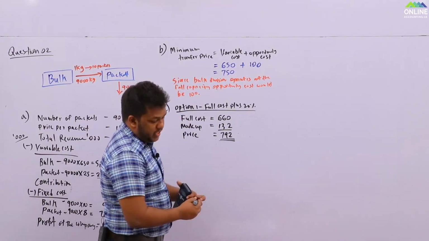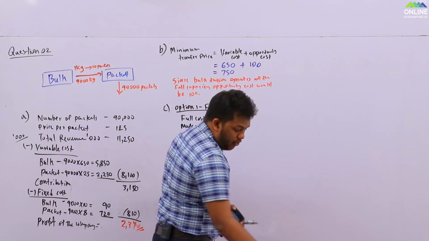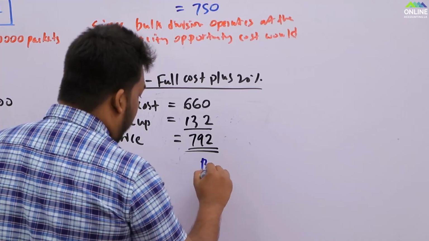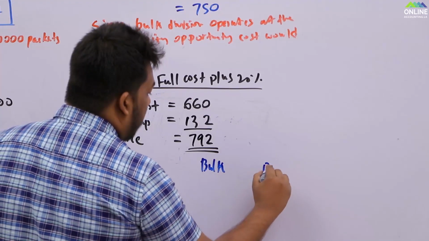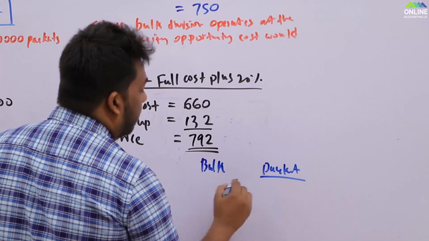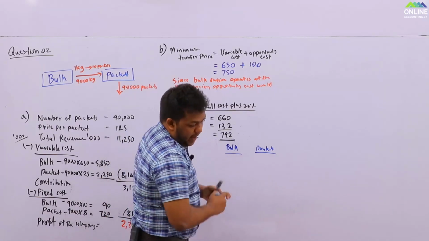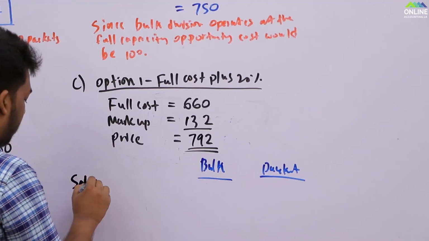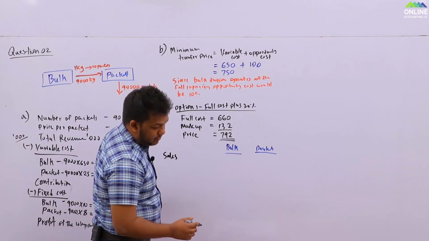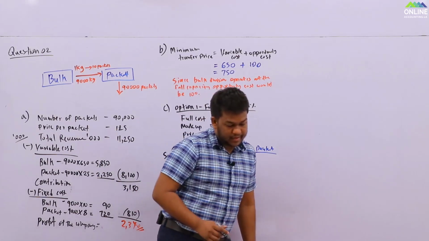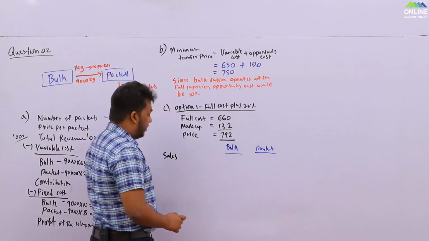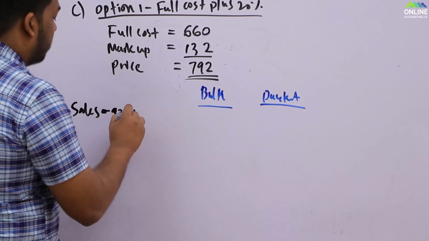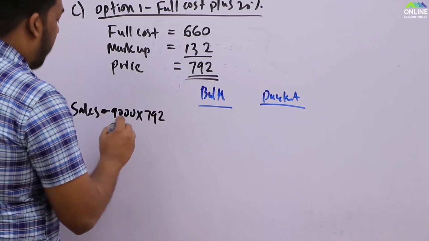Then you have to calculate the bonus. So you have two divisions, bulk and packet. Then sales. Let's say for bulk, 9,000 they are selling at 792 per one.